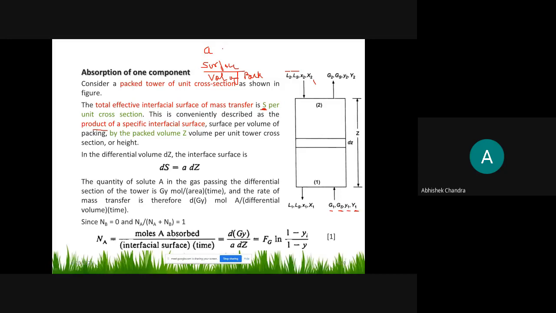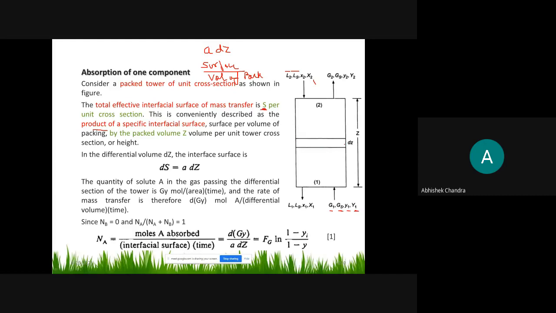Here, for this differential section, the packed volume is a dz. Why is dz represented here as a height? The packed volume which is multiplied here is a volume per unit tower cross section, that is, the volume of this differential section divided by the cross sectional area.